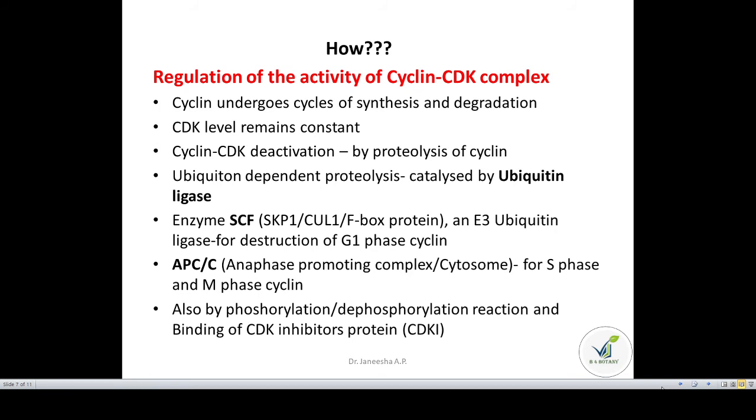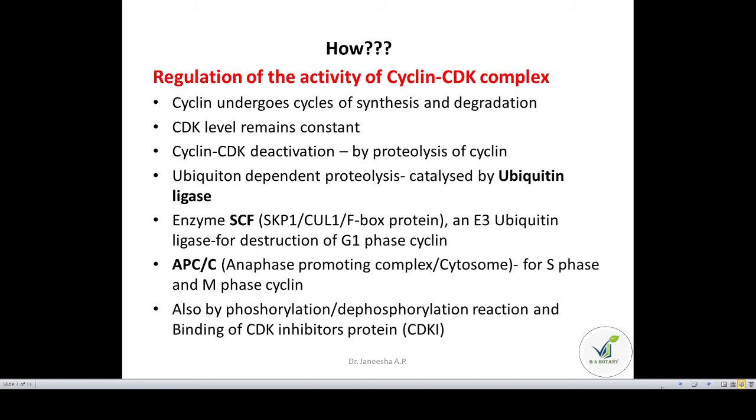APC/C, that is the anaphase promoting complex or cyclosome, is another ubiquitin ligase which is used for S phase and M phase cyclin degradation.